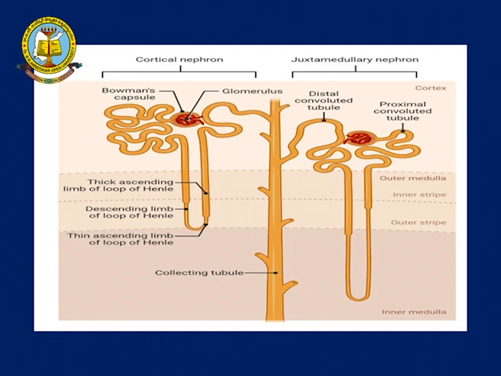In the reabsorption of substances, the proximal convoluted tubule has many epithelial cells. These epithelial cells have ion channels, with active and passive transport mechanisms.